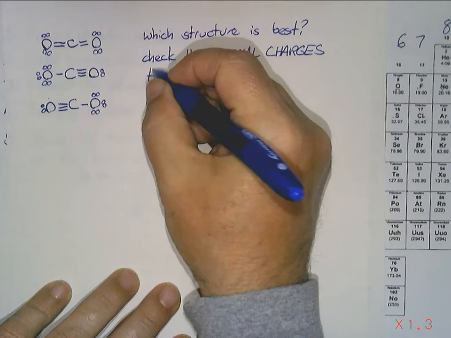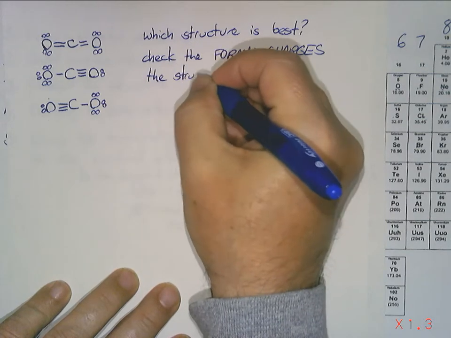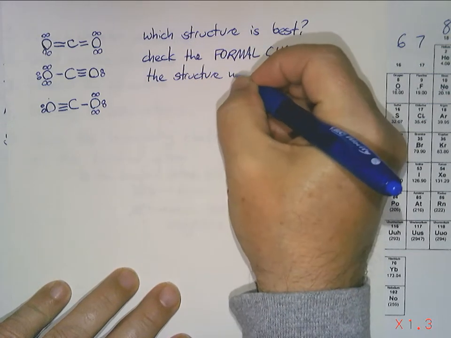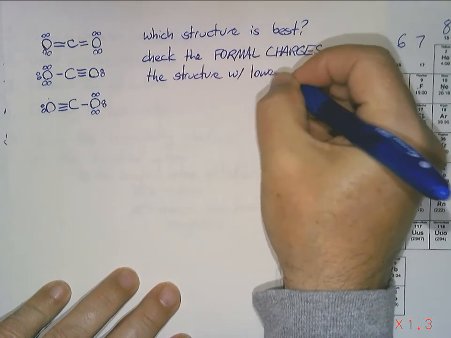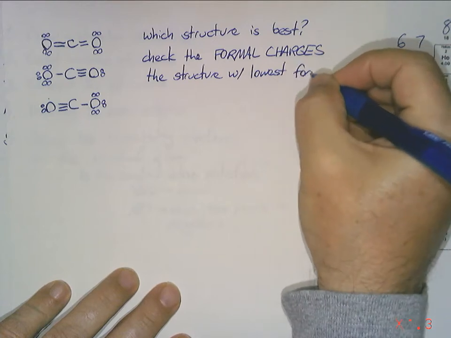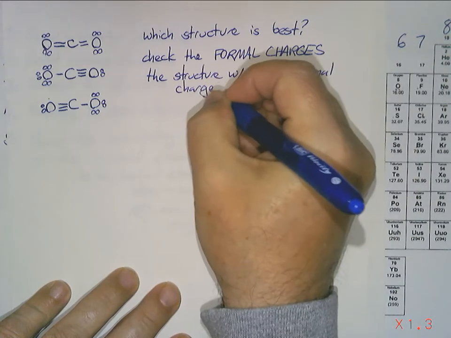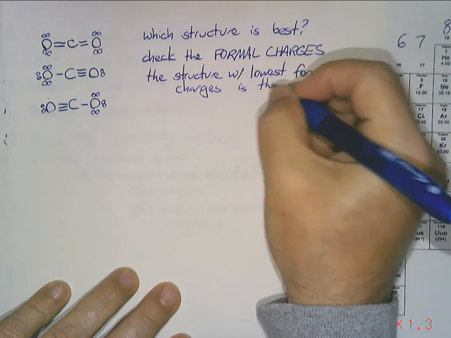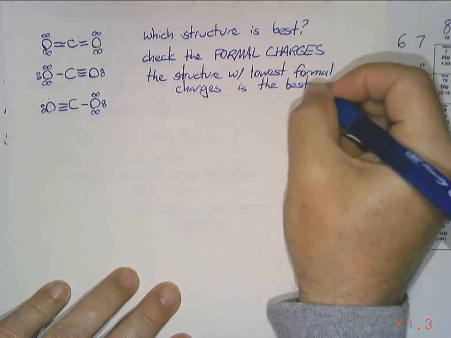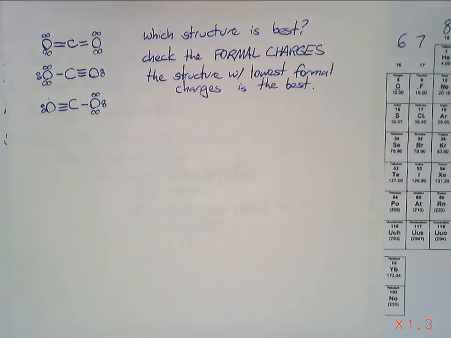The structure with the lowest formal charges is the best. It'll have lower energy than the other structures. And we can cross out the structures with the higher formal charges.